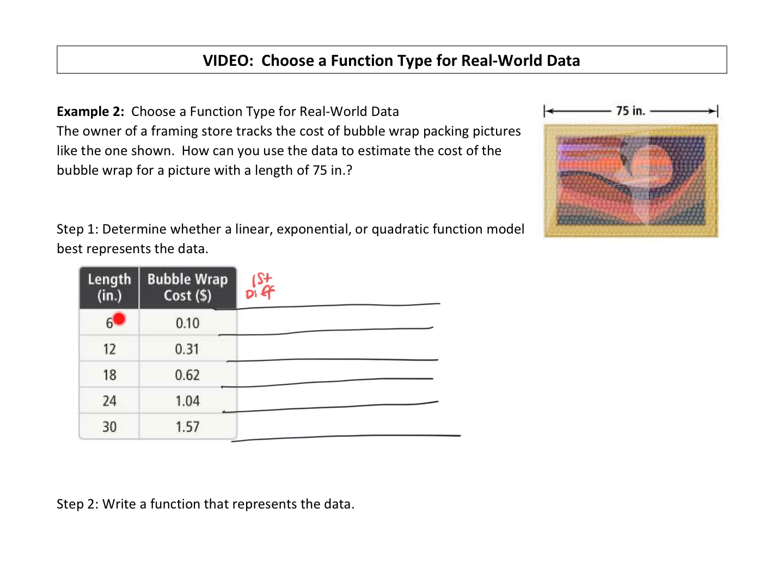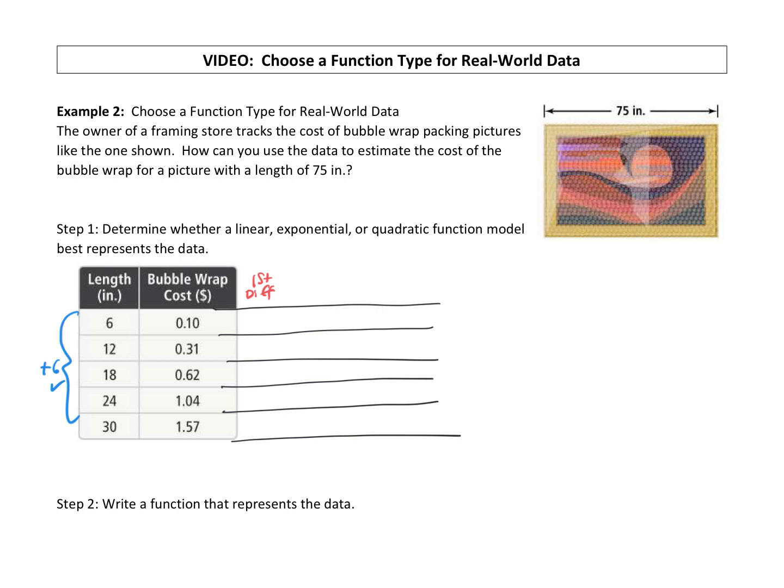So we're going from 6 to 12 to 18 to 24 to 30. So that is a constant increase. Our x values are increasing by 6, consistently. So that's okay. It doesn't have to increase by 1 every time as long as it's a constant increase of your x values.